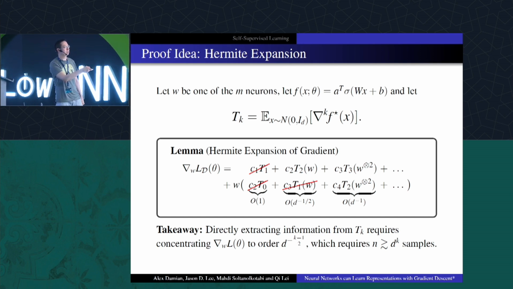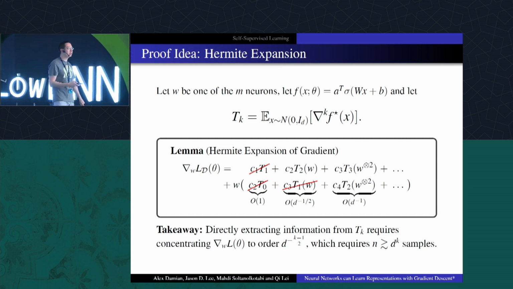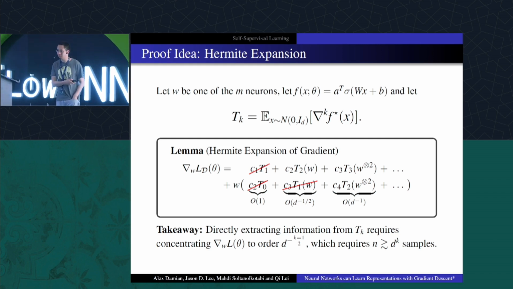This one's a constant independent of the thetas, the parameters, so it doesn't matter. And the important thing is this one here. So what happens is that you need this to extract information from the kth tensor. You need to concentrate the gradient to accuracy roughly d to the minus k over 2.